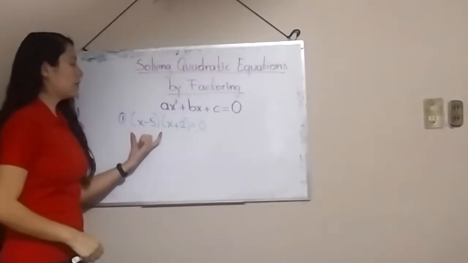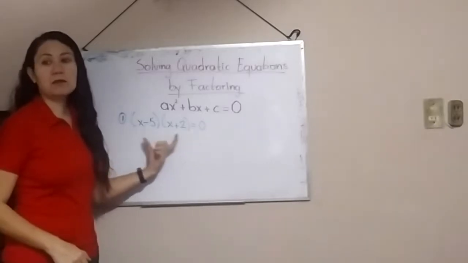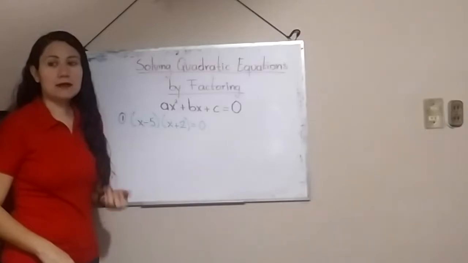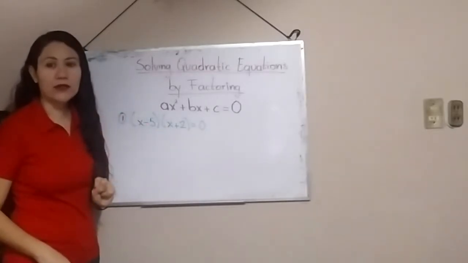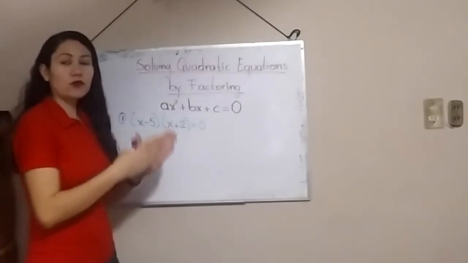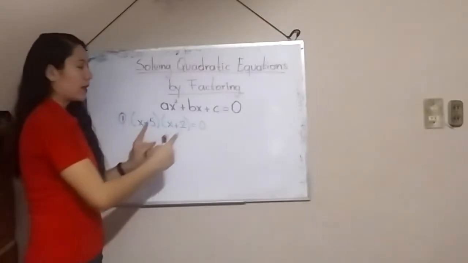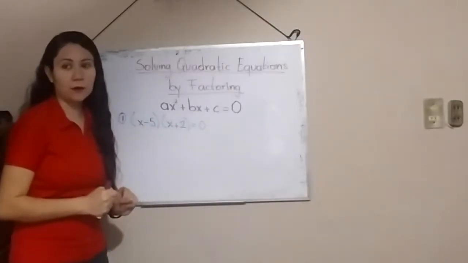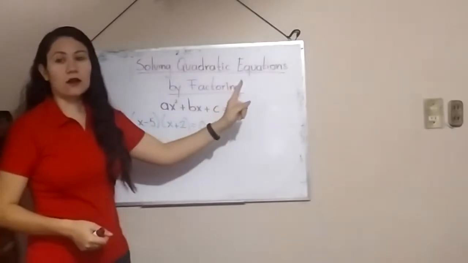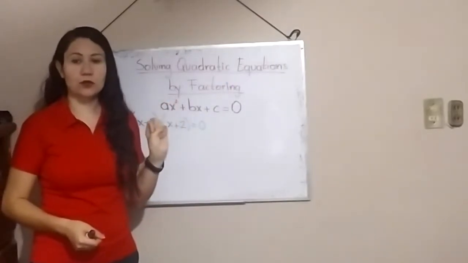If we have these two factors and multiplying them gives us a result of 0, that means that at least one of those is equal to 0. Since we have two options, either this factor equals 0 or this factor equals 0, we are going to have two results. Always in a quadratic equation, we are going to have two results.